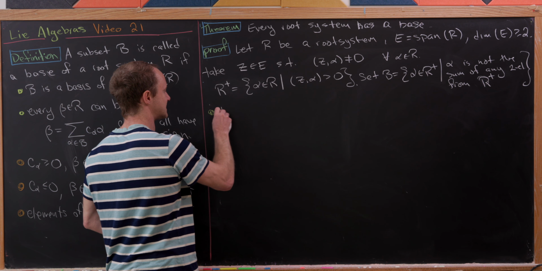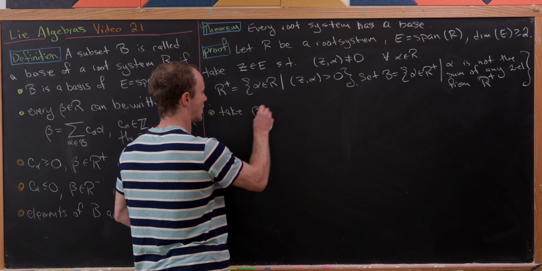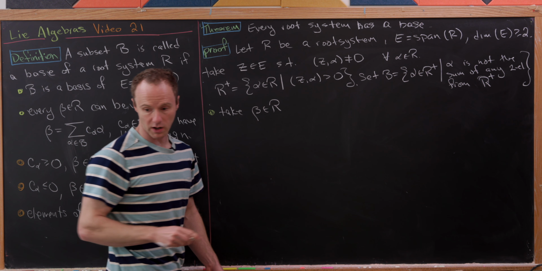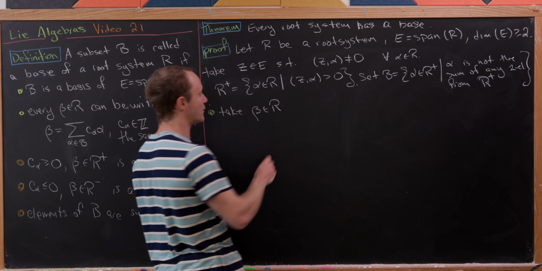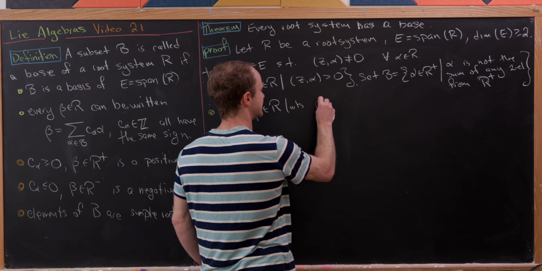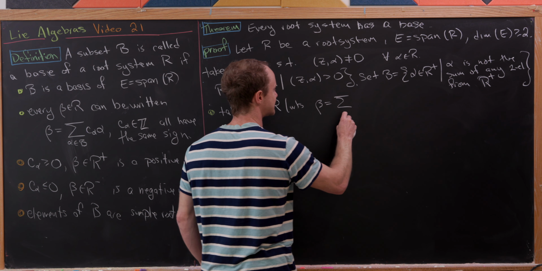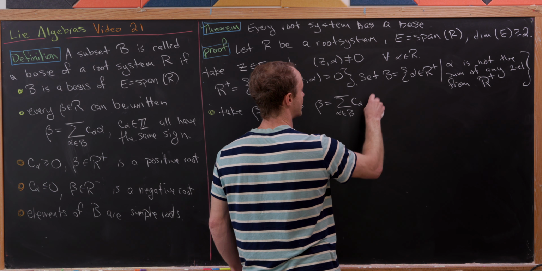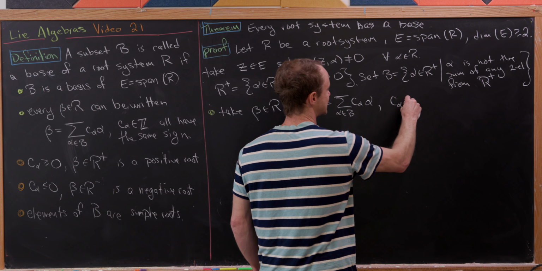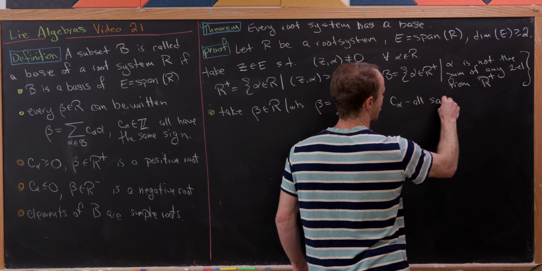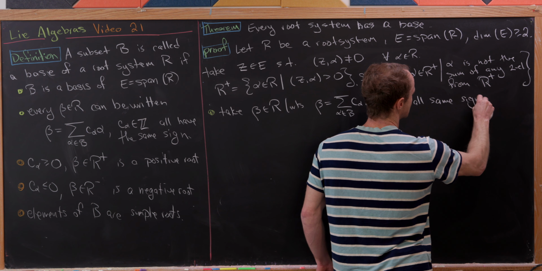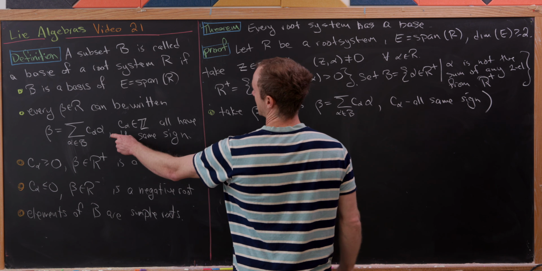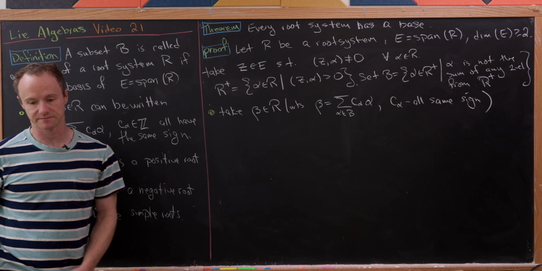So now let's take what I'll call a beta inside of R, and what we want to show is that beta is equal to the sum over alpha in B of C alpha times alpha, where the C alpha are all the same sign. So that's this condition over here of being a base.